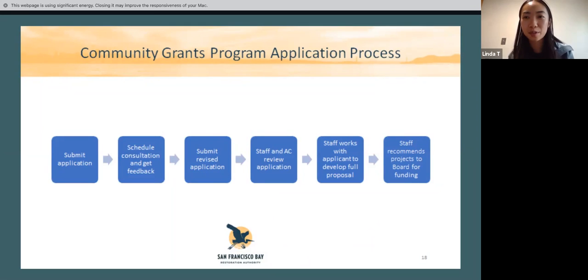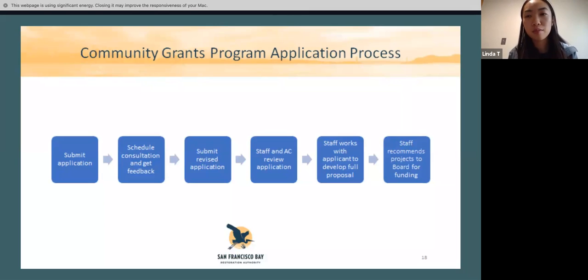Here's just a brief overview of what that process looks like. Again, this is specific to our community grants program, so other grant programs may look different, but some of these will be similar. For this program, you can submit an initial application that asks for basic information about the project, schedule, and budget.